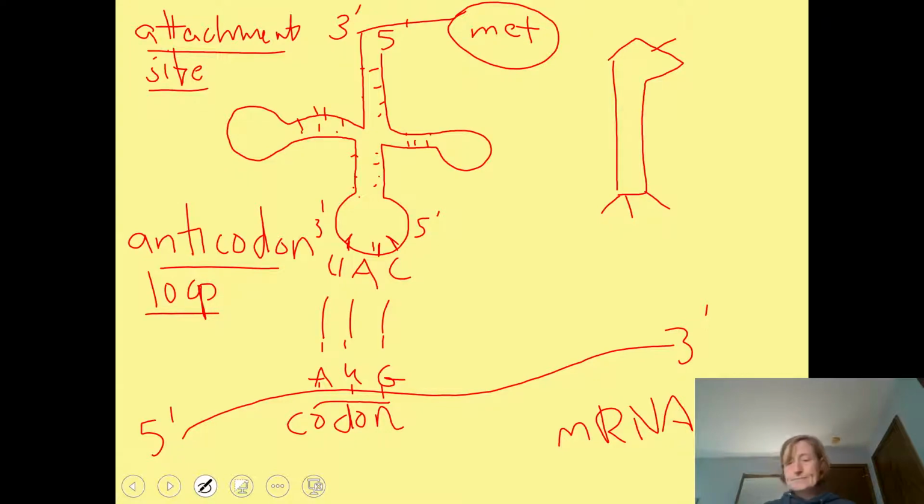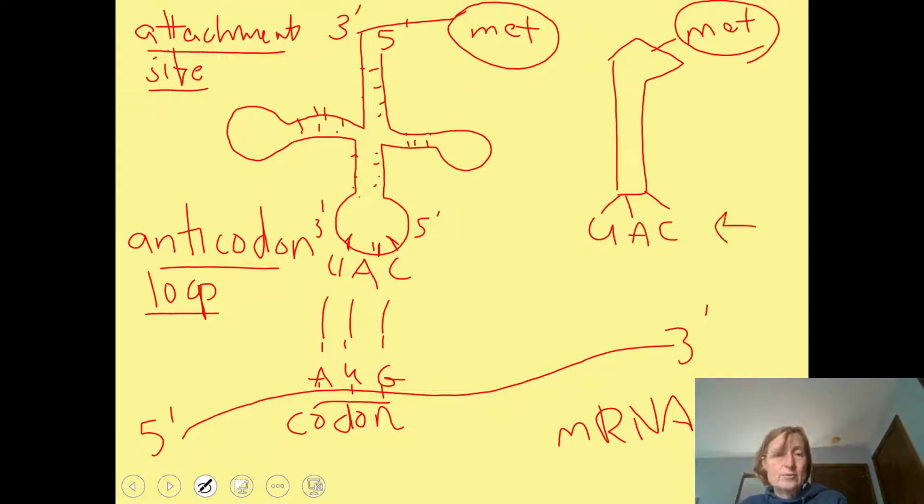Okay? Let's see, when we draw this, this could be our anticodon loop. We can draw it more like a funny L with its amino acid at the attachment site at the end of that L. This would be our anticodon loop then, okay? Notice that the anticodon loop is running anti-parallel to the mRNA molecule.